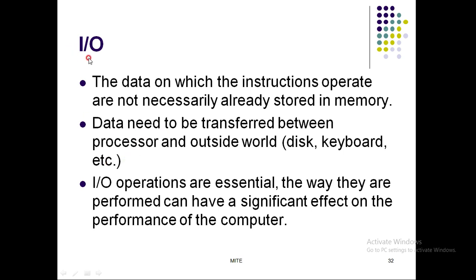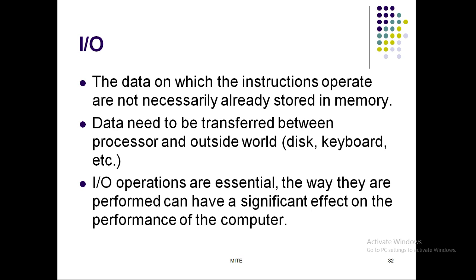Here involves your I/O. Now the next very important thing: I/O operations are very much essential. We mean to say that all our I/O operations are very important, and whenever we perform these I/O operations, it might so happen that they will affect the performance of the computer.